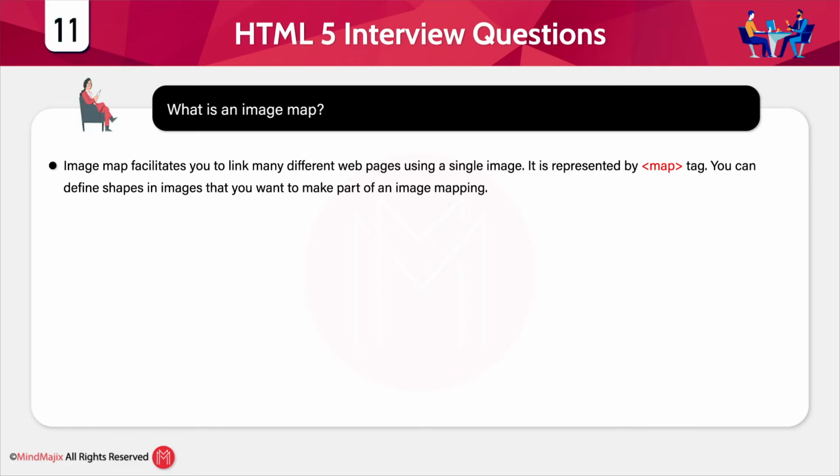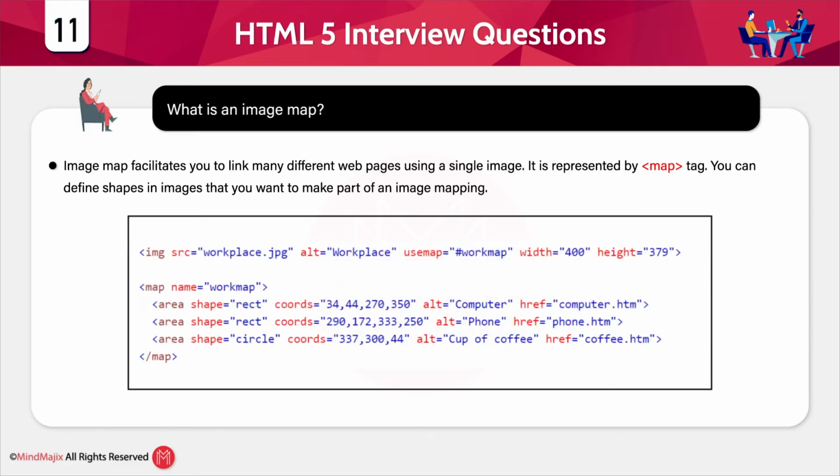What is an image map? Image map facilitates you to link many different web pages using a single image. A single image can be partitioned into different portions, where each portion is linked to one page. This we have discussed in the previous lectures.